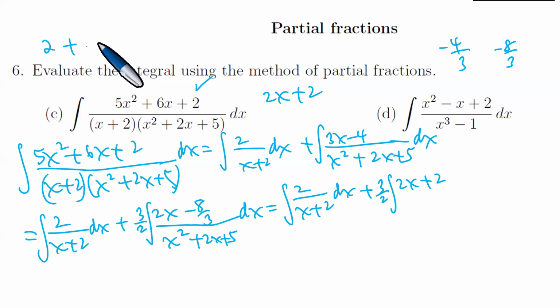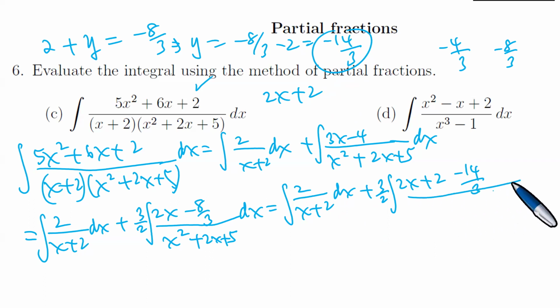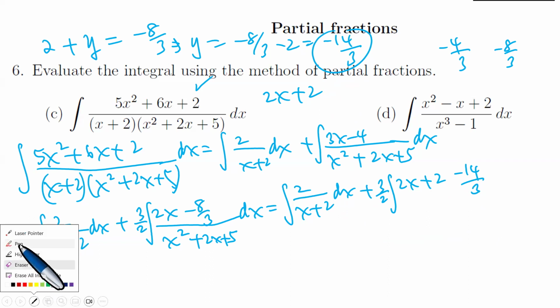You have 2 plus a y, it must be minus 8 out of 3. Okay? 2 plus something is minus 8 out of 3. What is it? This would mean y is equal to minus 8 out of 3 minus 2, minus 6, minus 14 out of 3. So you have minus 14 out of 3.